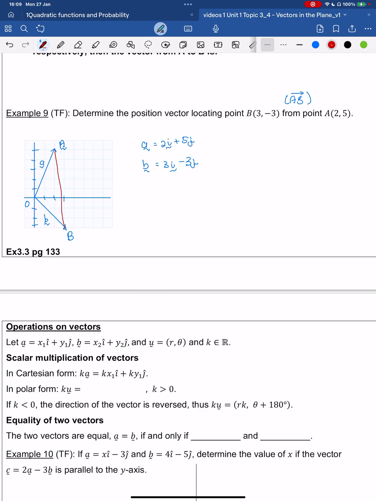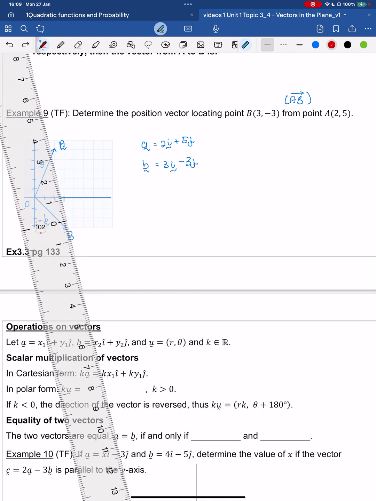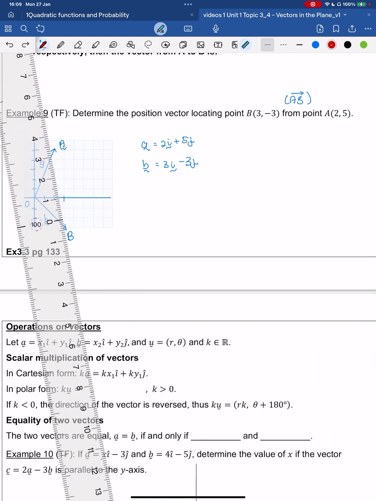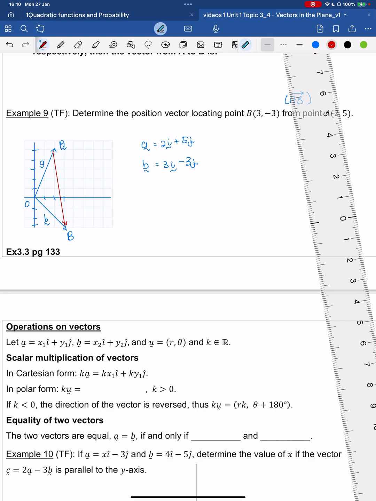We know this is not getting me to do that. From A to B means that I'm going to need to be head to tail, right? And that means I'm going to have to change the direction of A. So I'm actually going to have minus A plus B.